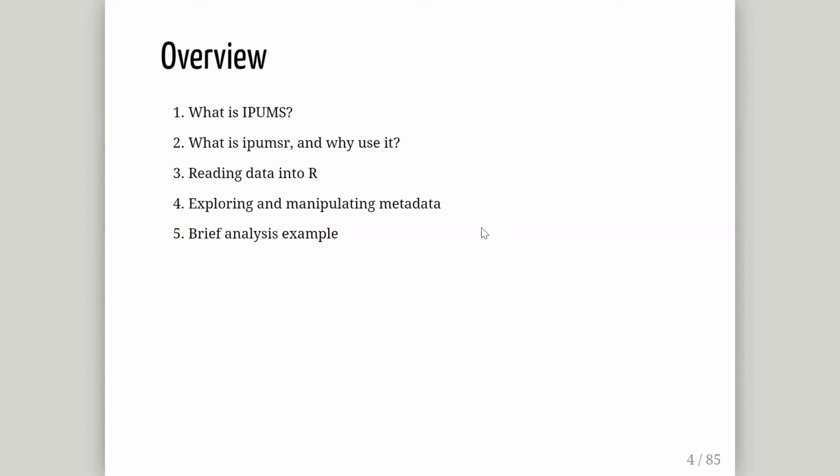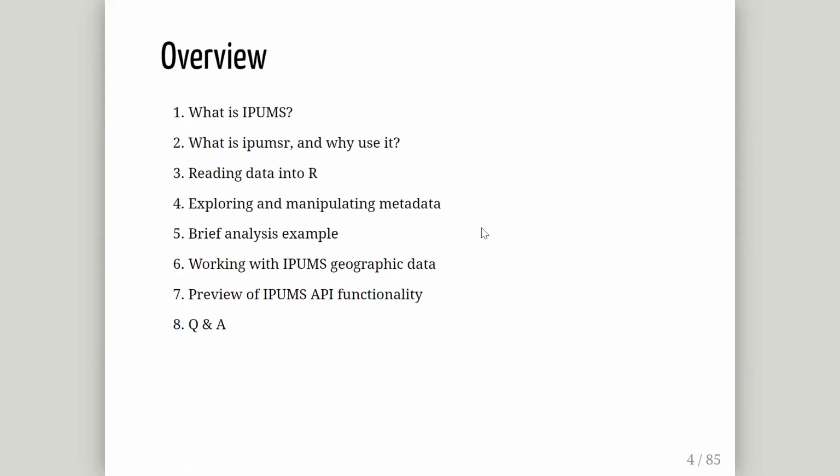We'll cover a brief analysis example, as well as working with some geographic data, the GIS shapefiles that we have. And finally, we'll preview the IPUMS API functionality. And then we'll have a little bit of time at the end for a Q&A, like Derek said.